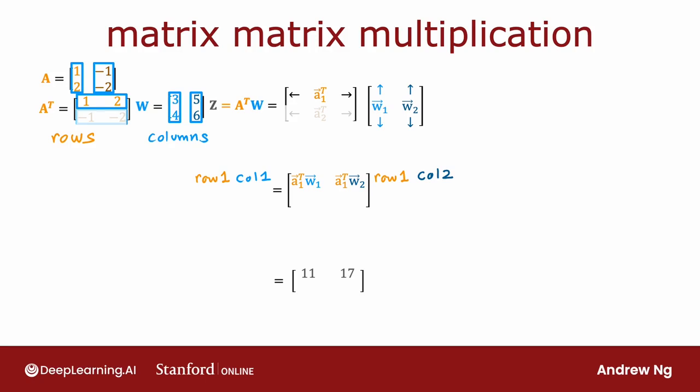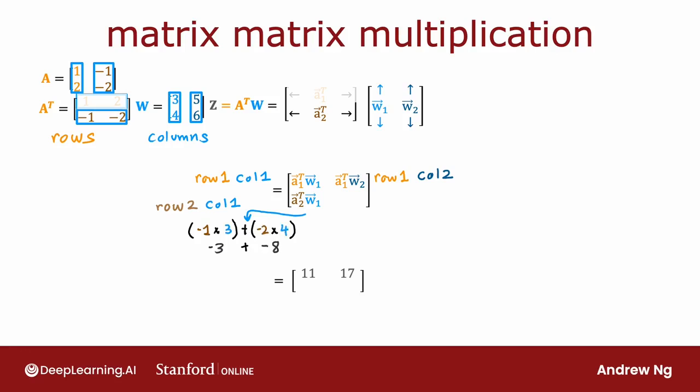Next, let's forget A1 for now, and just look at A2, and take A2 transpose and multiply that by W. So now we have A2 transpose times W, and to compute that, first we take -1 and -2 and dot product that with 3, 4. That's -1 times 3 plus -2 times 4, and that turns out to be -11.